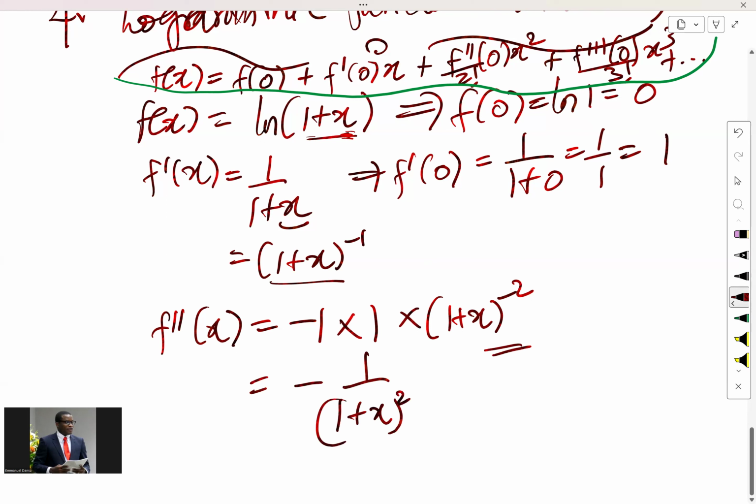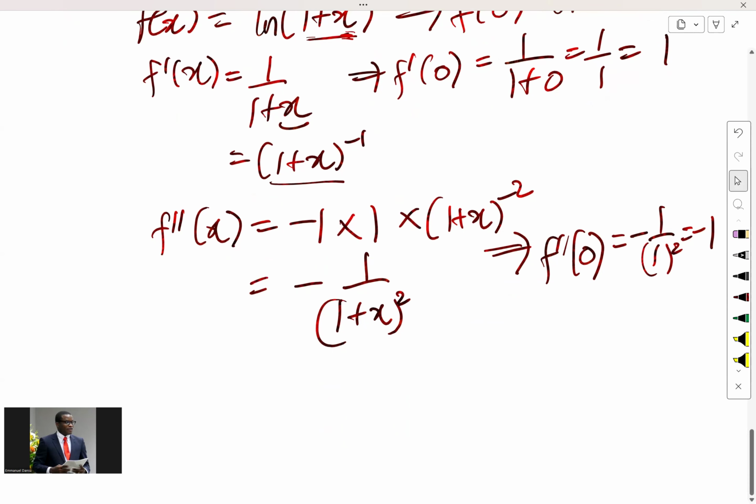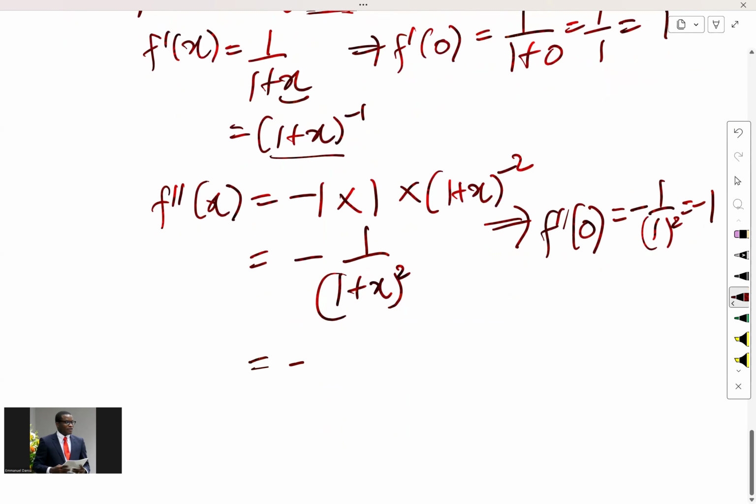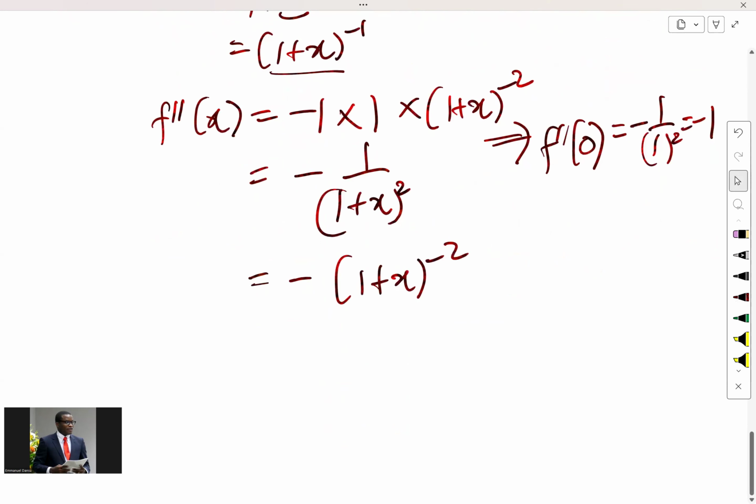So it means that if we do f prime prime of 0, we simply have minus 1 over 1 squared. So this is simply minus 1, right? And then that means we have minus 1 plus x raised by minus 2, like that. So we can go to the third one, f prime prime prime of x, and that is minus is there already.